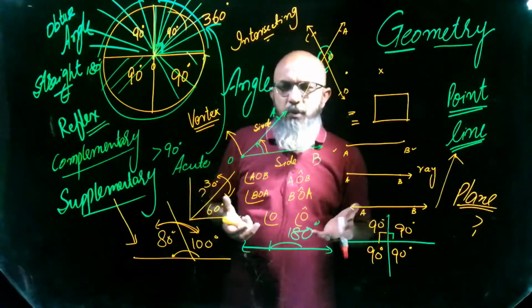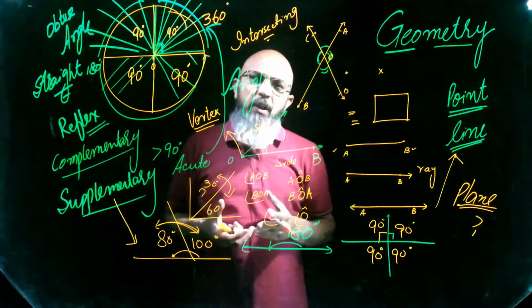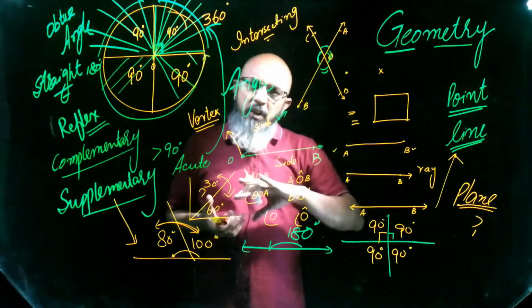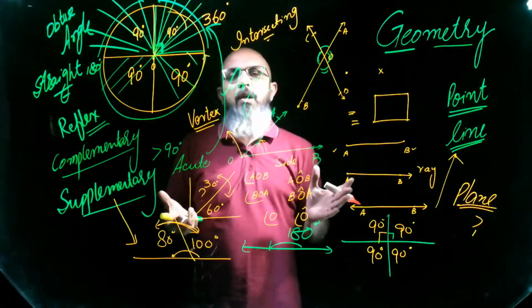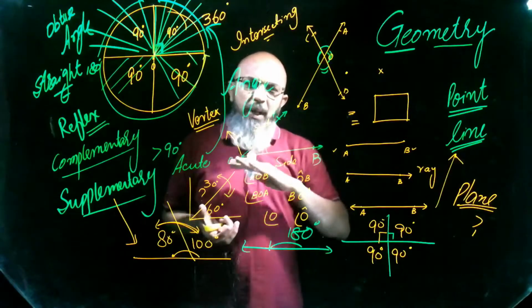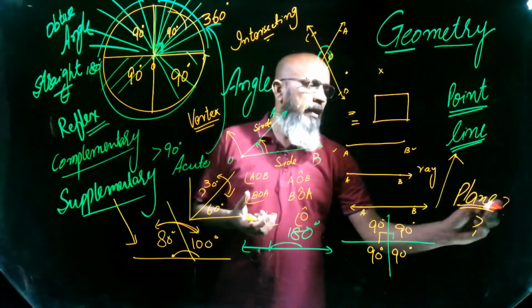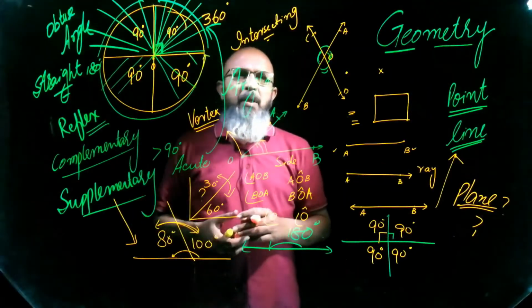Similarly, the wall of your room is a vertical plane or surface. A surface which is not a plane is a curved surface, like the surface of a ball. A plane is always a flat surface, right? That's all. It's not so important, but I hope you understand what a plane is.